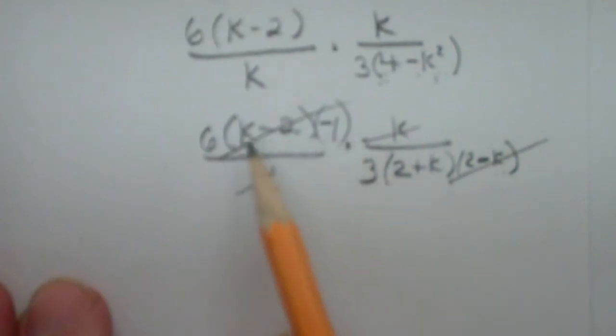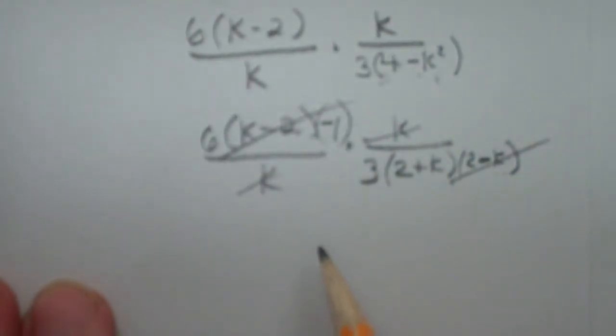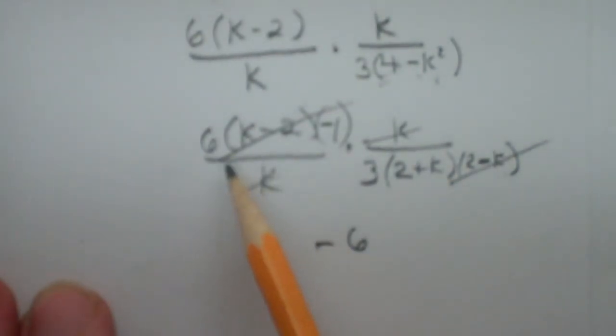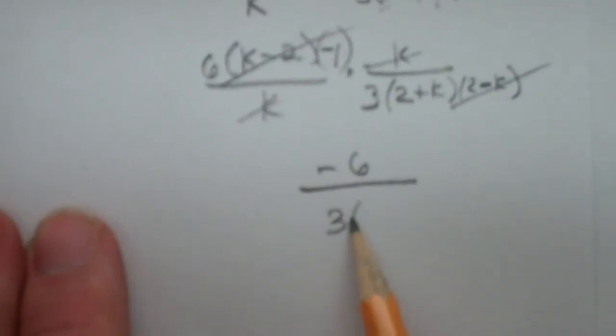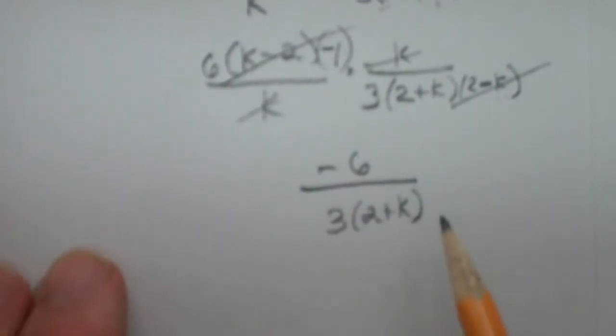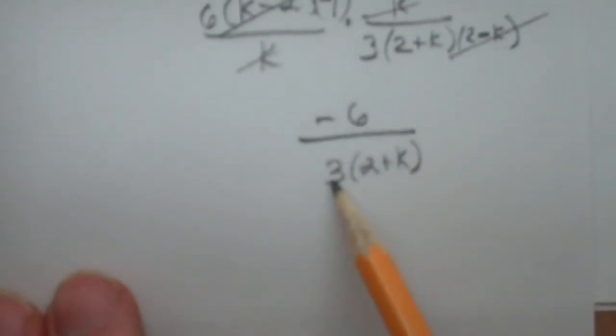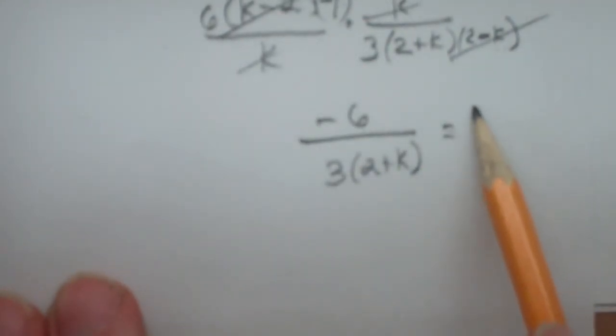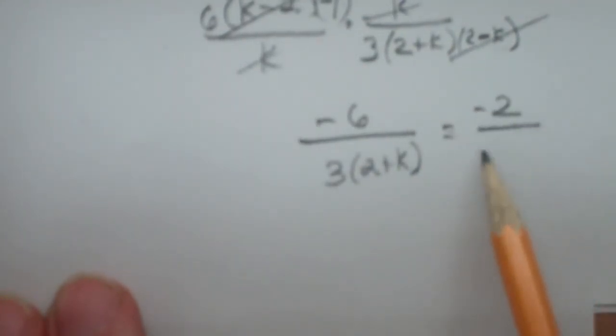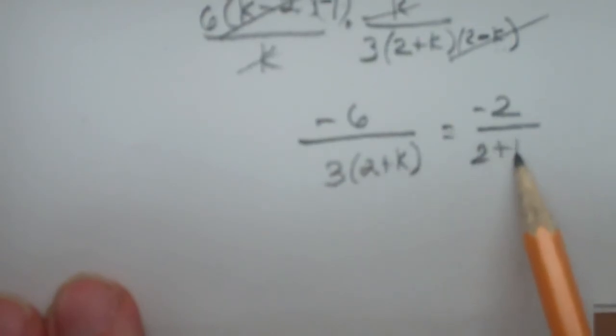Let's multiply out what we have. So 6 times negative 1. Well, 6 times negative 1 is negative 6. Is there anything else on top? I don't see anything else on top. Over 3 times the quantity 2 plus k. So 2 plus k here, right? This can be simplified a little bit more, because what is negative 6 divided by 3? Negative 6 divided by 3 is negative 2. So we get negative 2 over 2 plus k.